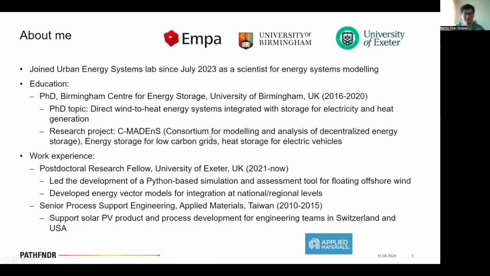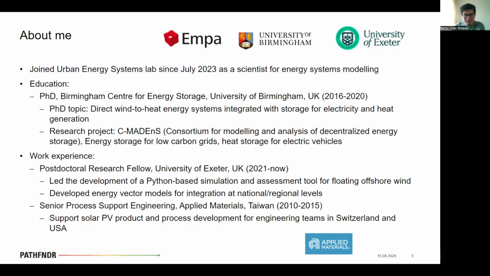So first of all, a very quick introduction about myself. I just joined Empa in the Urban Energy System Lab last summer, and I mainly focus on energy system modeling. But before I joined Empa, I had a PhD at the University of Birmingham in the UK, and my research topic was about integrating wind energy with energy storage in general. So that's why I'm here, I guess.